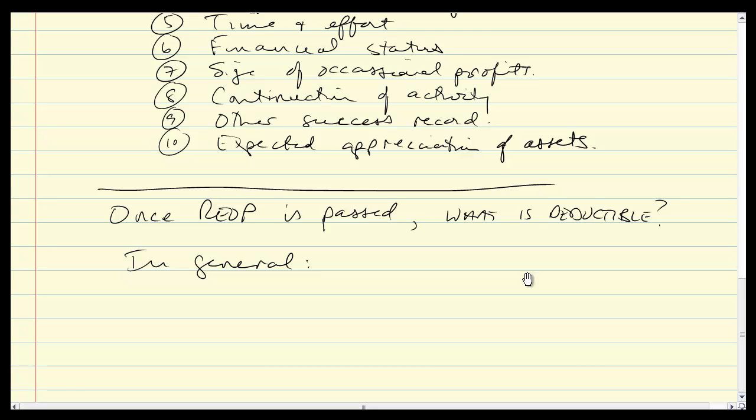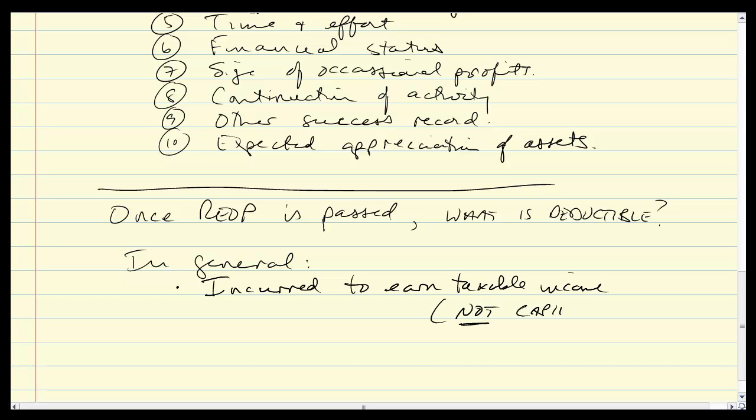So in general, again, this is my paraphrase of summarizing what's in your textbook, but in general, if it is incurred to earn taxable income, and that is clearly defined as not a capital expenditure, then it will be deductible.